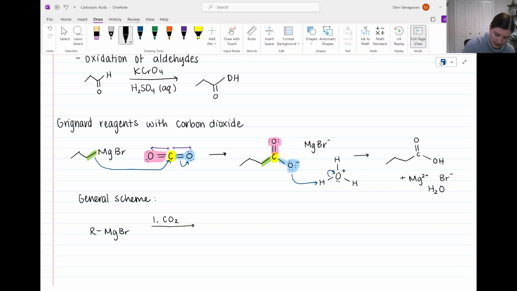That forms that ionic compound in the second step, that intermediate with the negatively charged oxygen. And then after that is formed, we would add acidic water, H3O+, hydronium ion. And that would form our final product, which is a carboxylic acid, where that carboxylic acid carbon is bonded to the R group from the organometallic reagent.